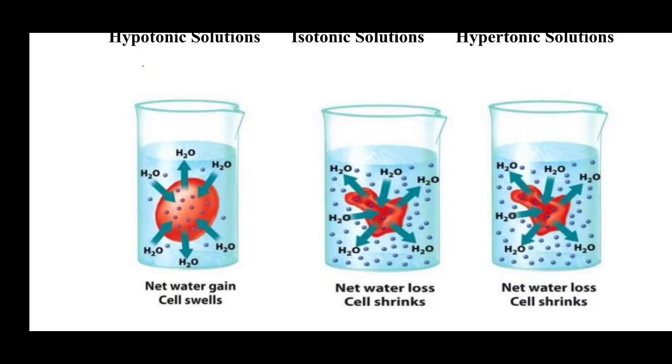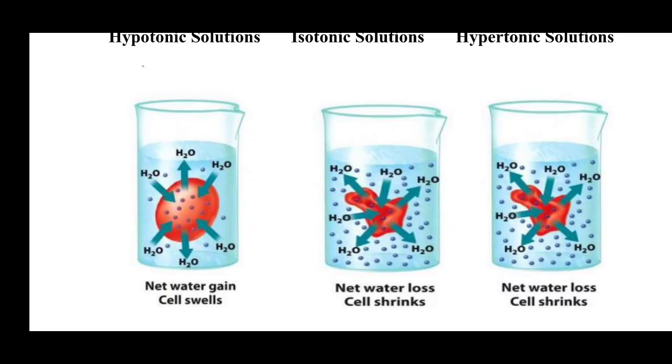Now you can see that I have a beaker filled with water. Inside that you can see a red colored region. Suppose that region is a blood cell. Now what happens when I keep this blood cell inside a hypotonic solution? The water will move inside the cell, because inside the cell the content of water is less, so it will move inside the cell.